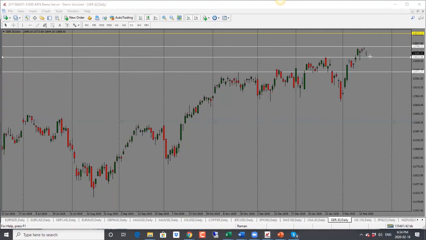So just be mindful of how price reacts into the support resistance level. If it holds above 13,620, we are looking for a move higher. However, if it breaks through here, then I would look for a move all the way into 13,380. So for now, bias is bearish to neutral.